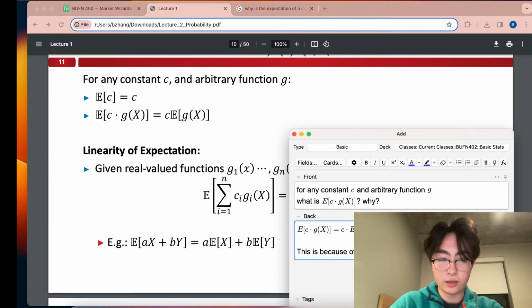So the expectation of c g of x is equal to the expectation of c dot the expectation of g of x.